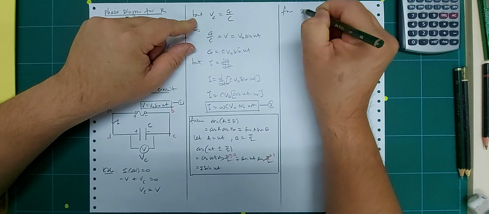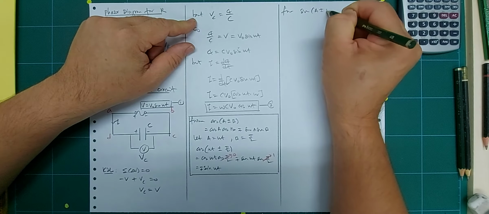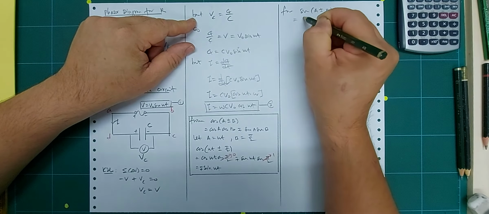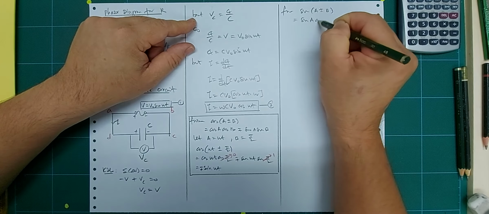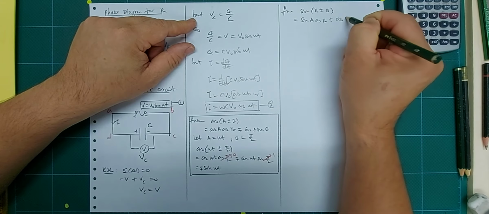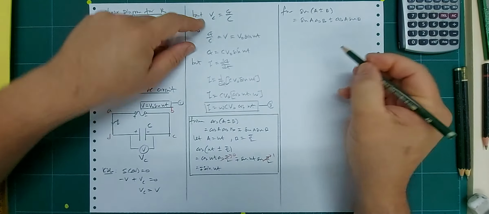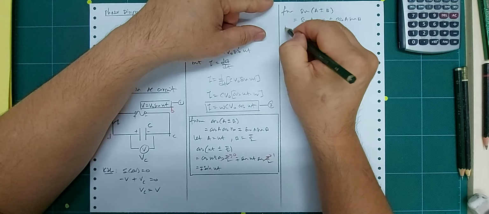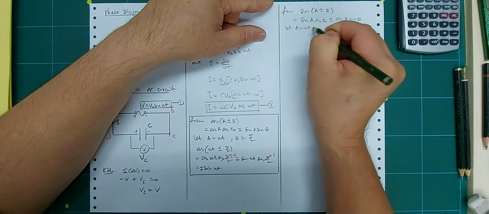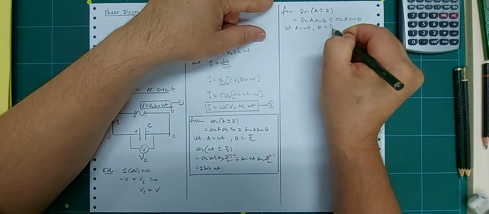Now from sine of a plus or minus b, what do we get? We get sine a cosine b plus or minus cosine a sine b. Do the same thing as we did just now: let a equal omega t and b equal pi over 2.